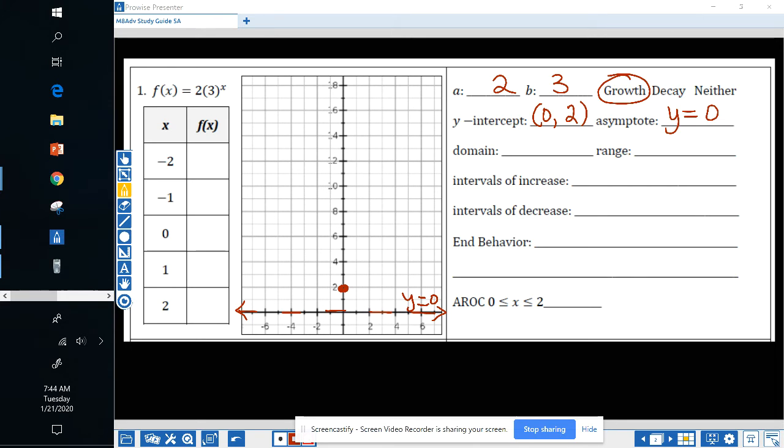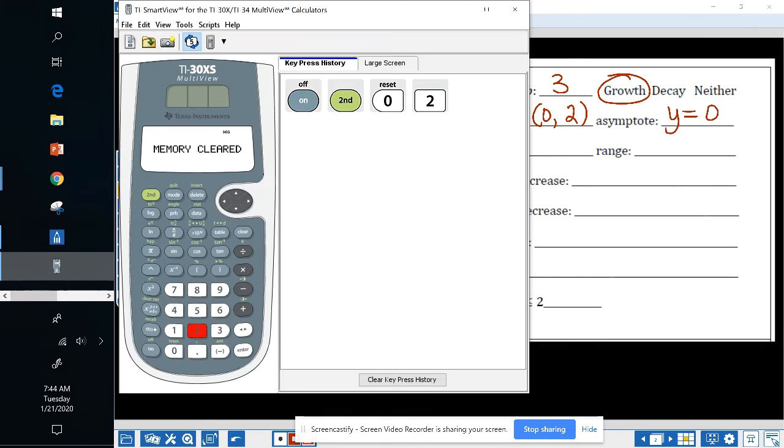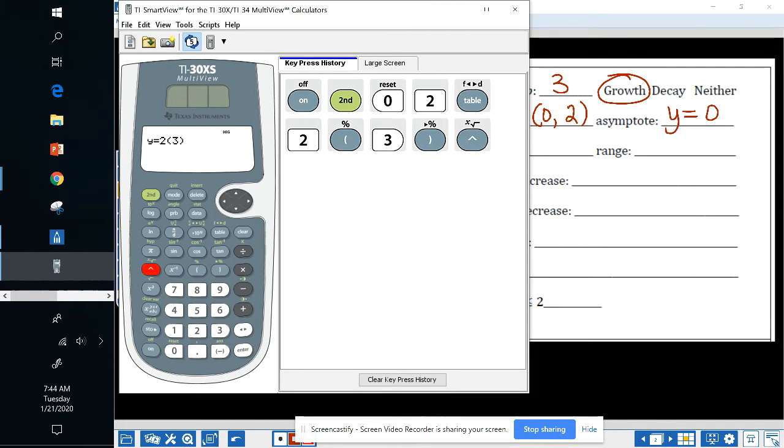Now, in order to create our function table, we can simply use the calculator, and you're going to go to table, and you're going to type your equation in. And we had 2 times 3 raised to the x, and your x variable is right there.